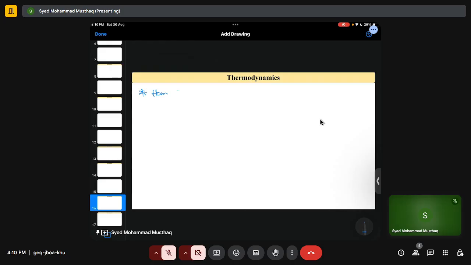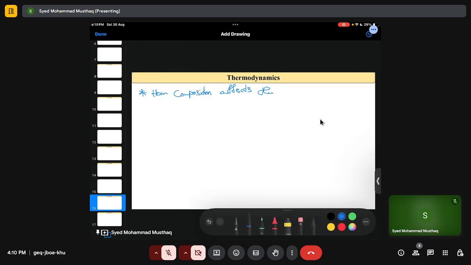How the composition affects, so how my composition affects or my nanoparticle size, right? So this part.